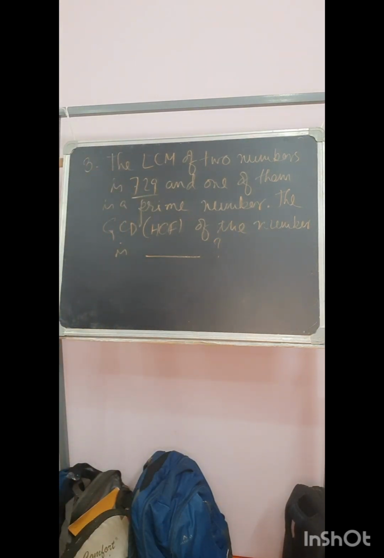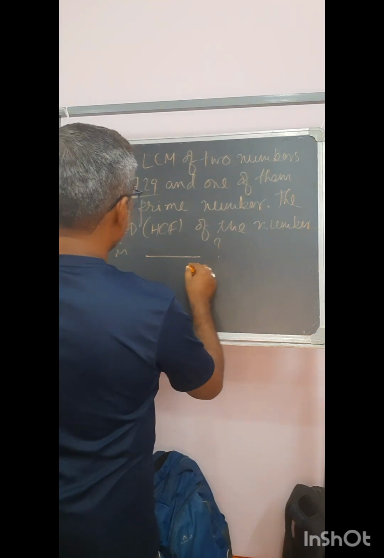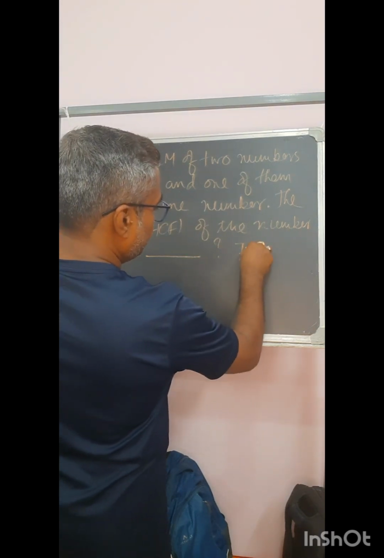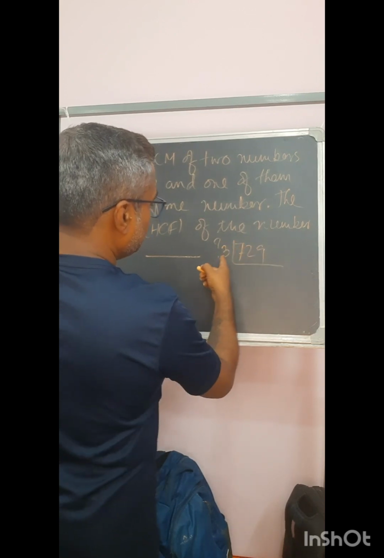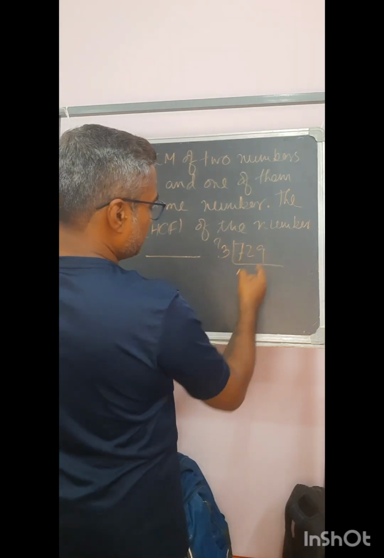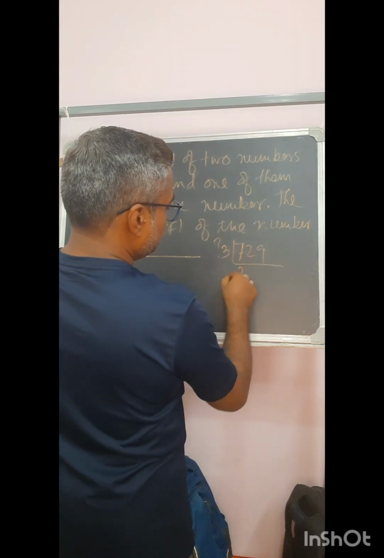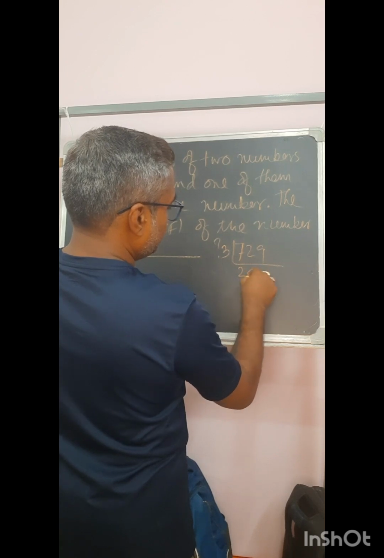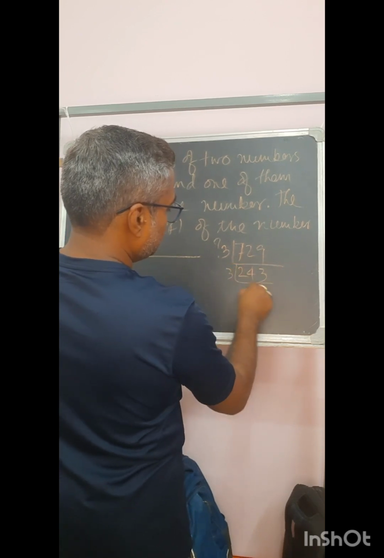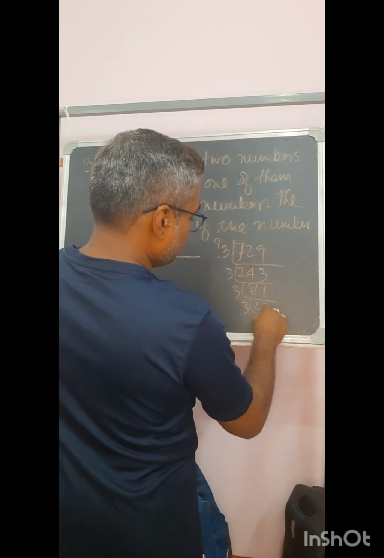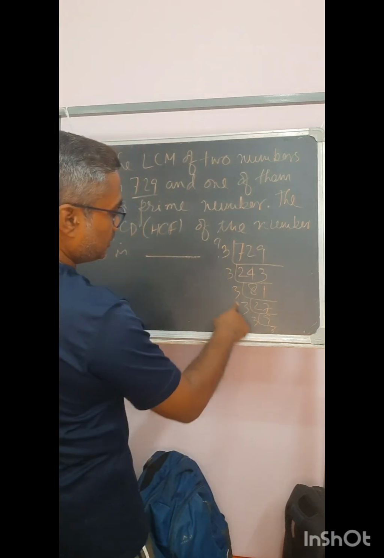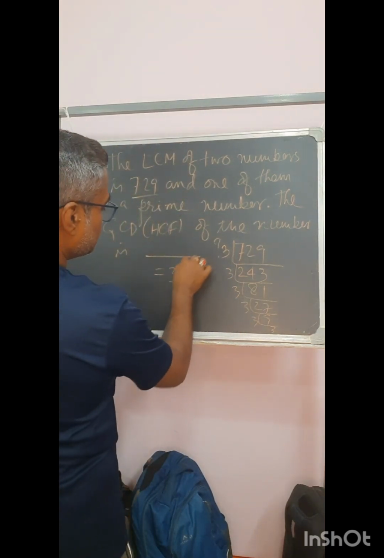Okay. Now this is a very conceptual one, so let me explain it. Prior to that, let's do the prime factorization of 729. It will definitely be divided by 3, not by 2, because the last digit is 9. So 3 729, 3 243, 3 81, 3 27, 3 9 and 3 3. So how many 3's are coming? It is 3 to the power 6.